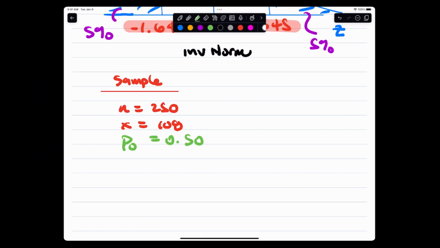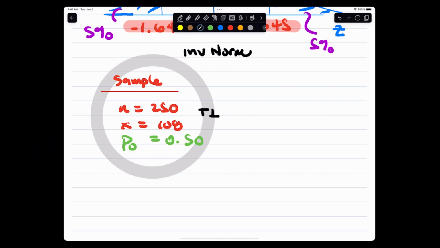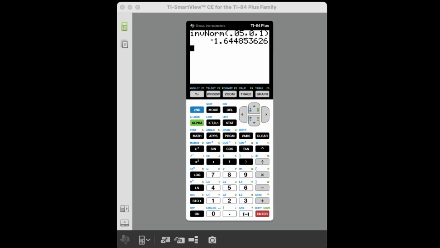in the TI, what do you guys enter in the TI here? What's your TI? 1 proportion Z-test. Alrighty. So let's use, you want to use the old calculator again?